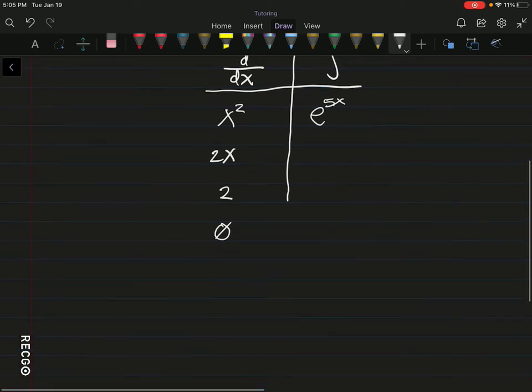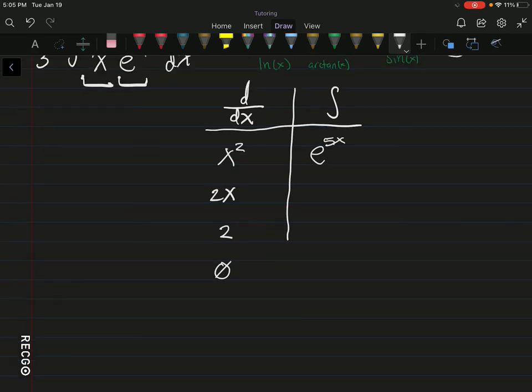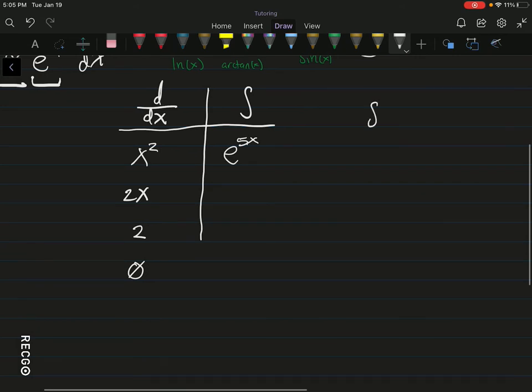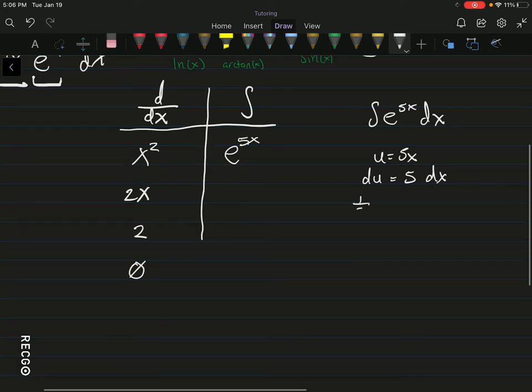Now we're going to take the integration of e to the 5x, and we can do this on this side if need be. So e to the 5x dx. We do u substitution of 5x. We take the derivative of that, which is du equals 5 dx. We move the 5 over, so we get 1 over 5 du is equal to dx.